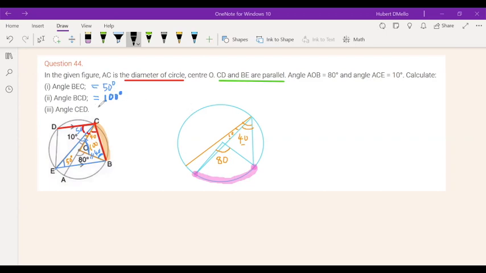Okay, angle CED is the remaining one. How do we figure that out? Angle DEB is equal to 80 degrees, so DEC should be 30 degrees.